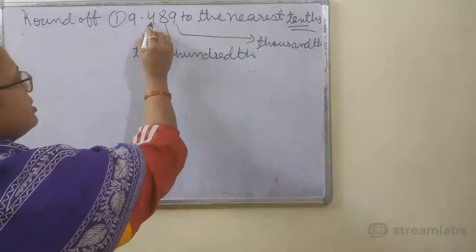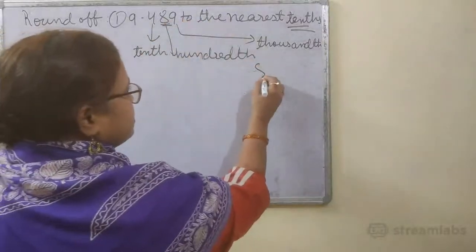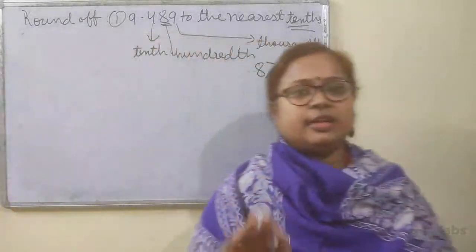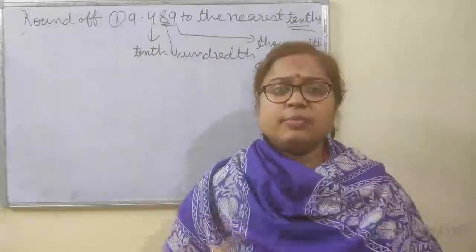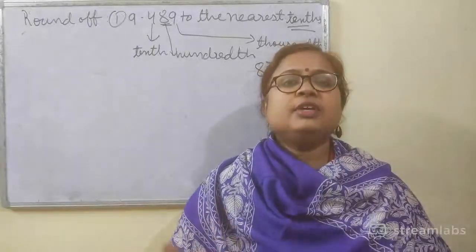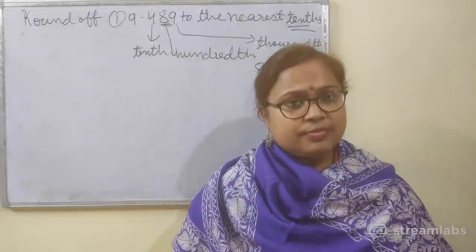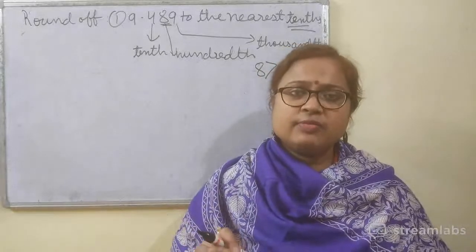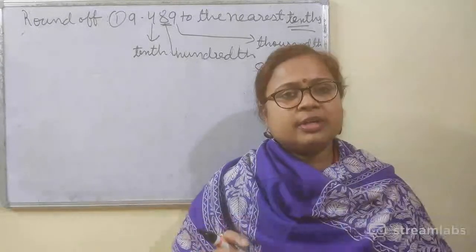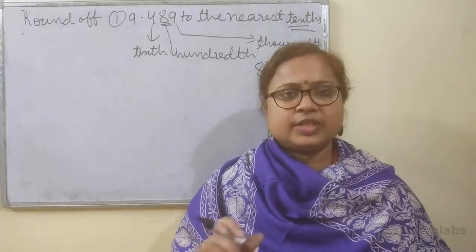So tenth means we will see this 8, which is greater than 5. Always remember in round off, if the number is 5 or more than 5, then we increase the previous number by 1. And if the number is less than 5, then we don't increase the number. The number will be as it is given in the question.